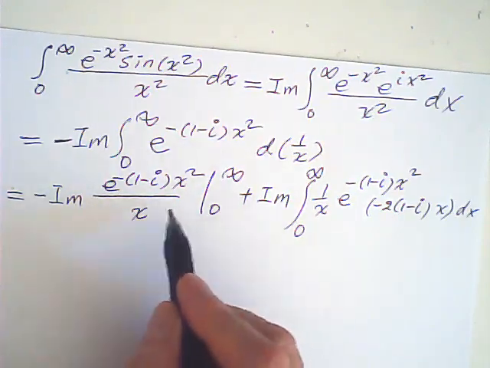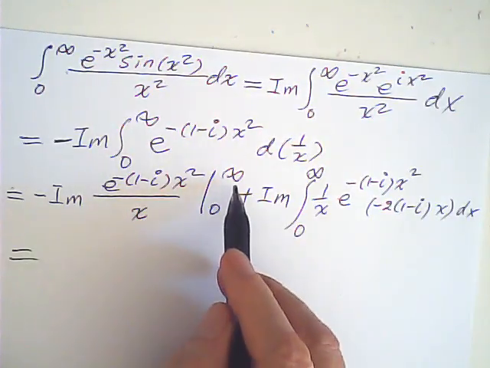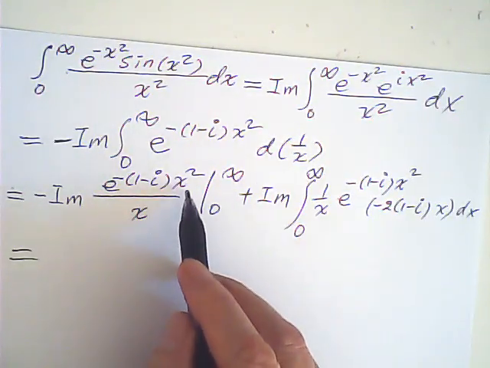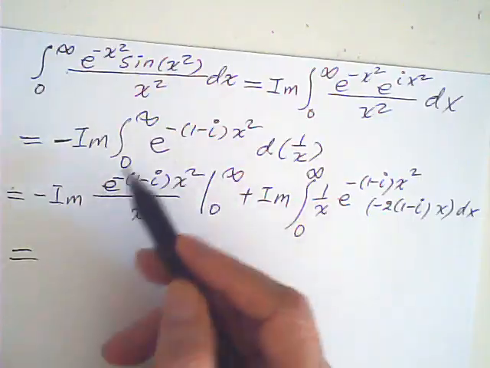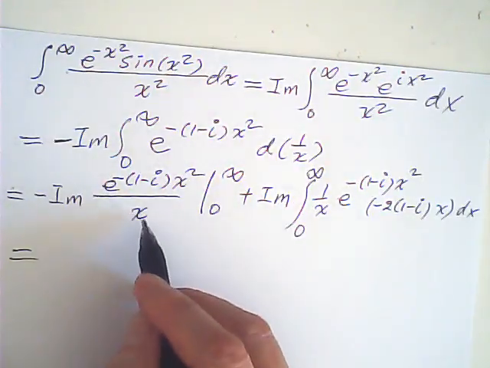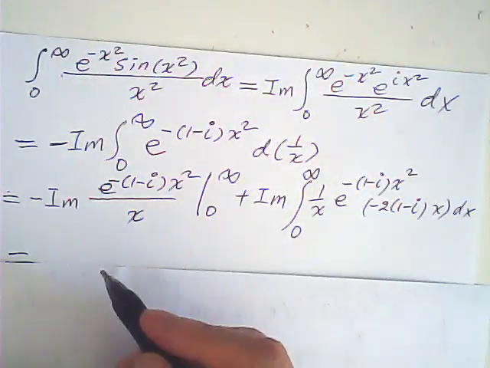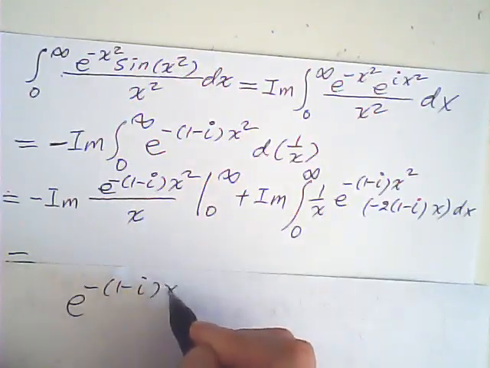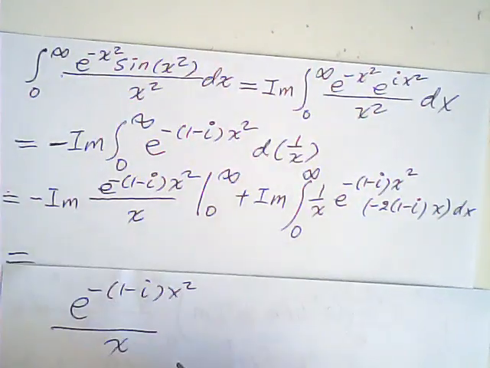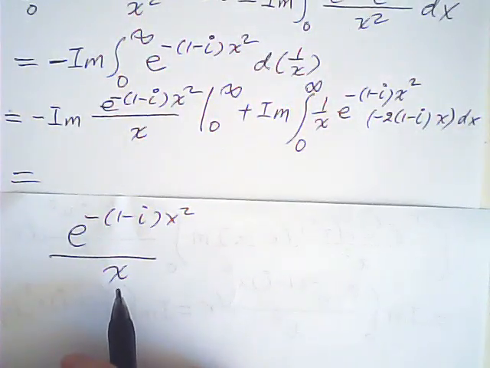Okay, then this limit, when x is approaching infinity, this is easy because this is 0, right? The whole thing is 0. When x approaches 0, e to the negative (1 minus i) x squared over x.